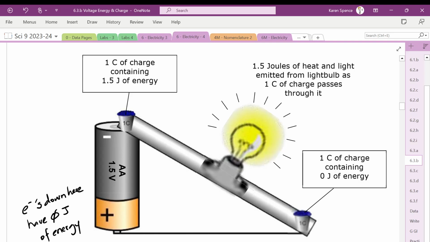That means they are at their lowest potential, okay? So that would be the ones down here. Electrons down here have 0 joules of energy. Oh, it's a 0. I often will write the 0 like that just because otherwise it looks like an O.